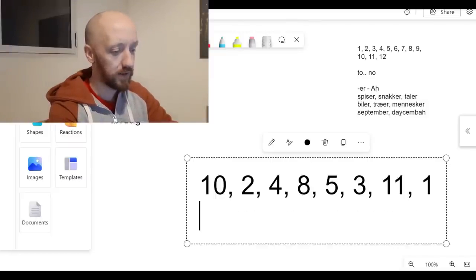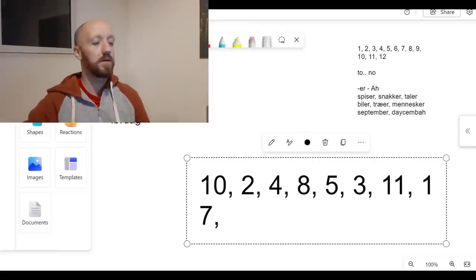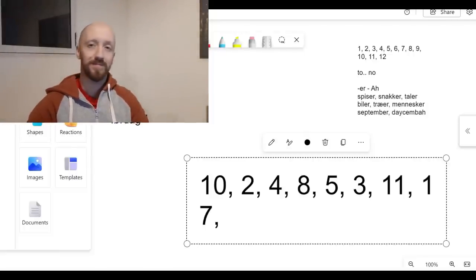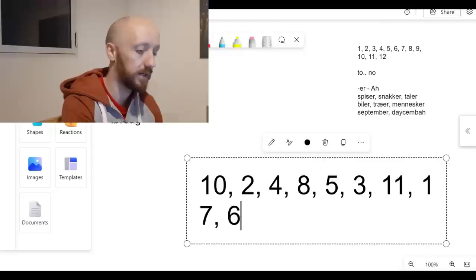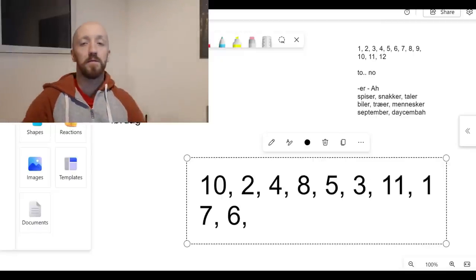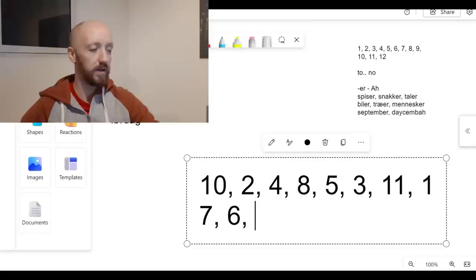Lad os tage den 7. The 7th. Juli. Juli. Og den 6. The 6th. Juni. Juni. What am I missing? Den 12. The 12th.